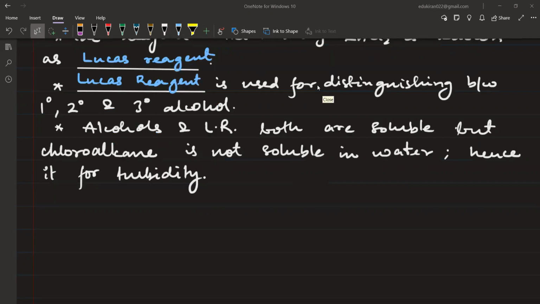Turbidity is that it's not completely a precipitate. So some whitish type of color will be formed in the water. Let me show you what is turbidity. Wait a second.